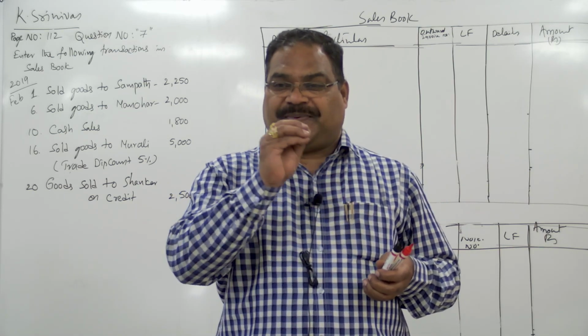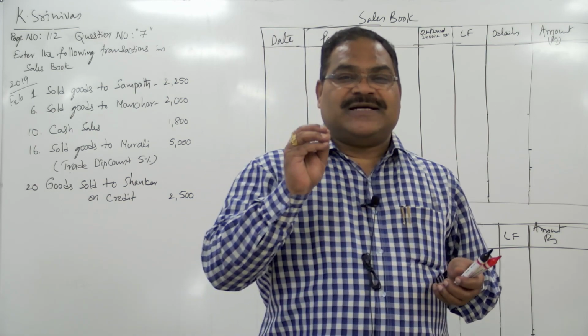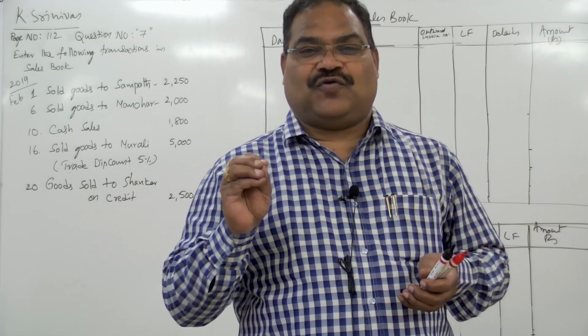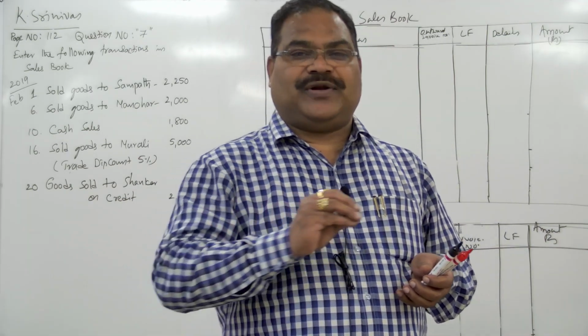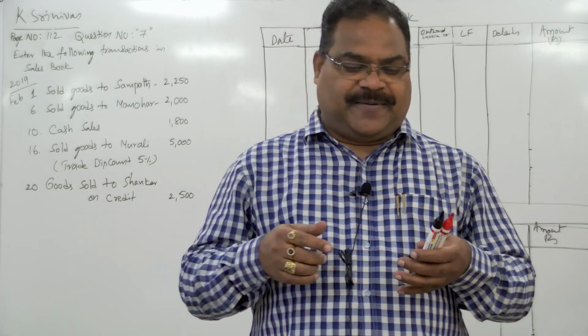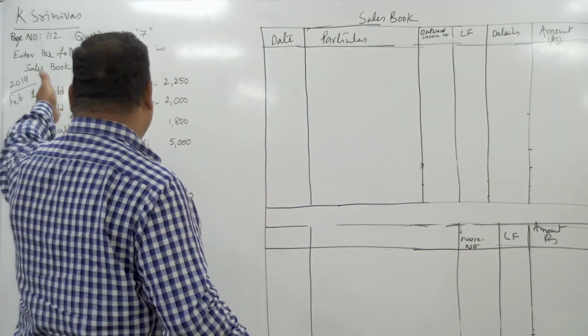Purchase book, that is over. Purchase returns, that is also over. Next I came to the sales book. In the sales book we should take only credit sales of goods and ignore all other transactions. From the beginning I am explaining the same thing.